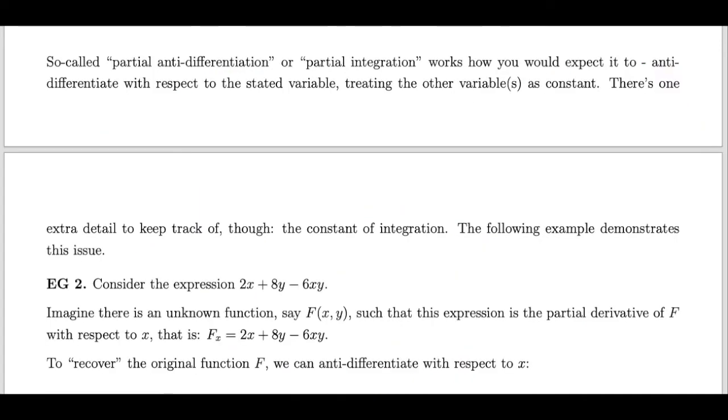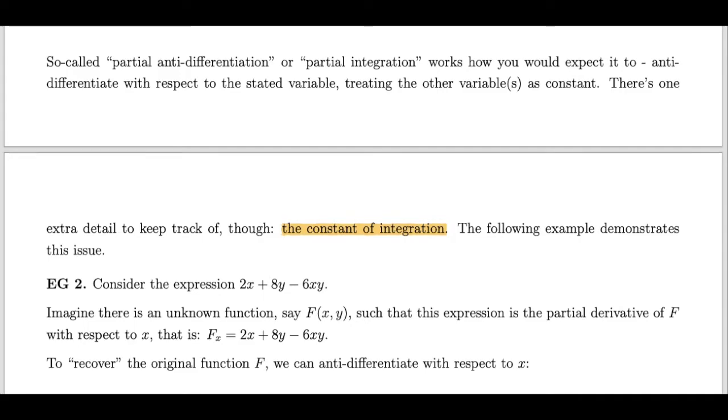We will return to that fact and utilize that fact to understand the structure of an exact equation later in the lecture. Now that we've seen an example of how partial differentiation works, it's natural to ask if reversing the process will act similarly. And this paragraph here indicates that so-called partial anti-differentiation does work how you would expect it. But there is one specific detail that we need to pay careful attention to, and that's the constant of integration.